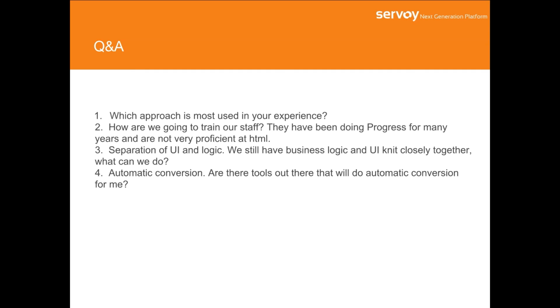your user experience should drive this question. So don't let this be a separate decision that you take upfront before you start this project, but it should be part of the whole decision in doing this, and it should really be driven by the user experience you want to deliver. Now, if you look at all the projects that we have done within Servoice, and now we're talking about the projects we've done, not about the entire Progress world, then we see that the hybrid approach is used very often.